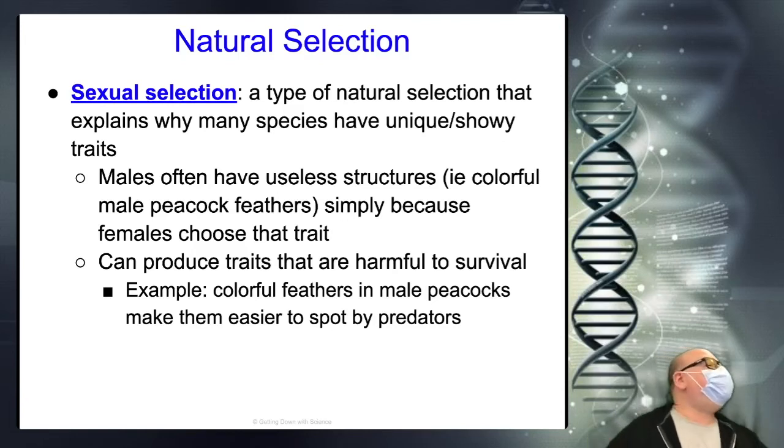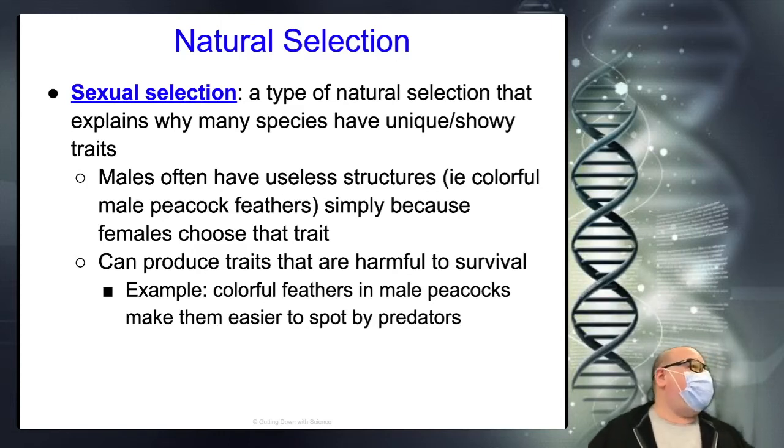But this is really easy to see in a lot of bird species. What's the Ohio State bird? Cardinal. And so male cardinals are bright red. What do female cardinals look like? They're brown. They're kind of like whatever. So that's sexual dimorphism.